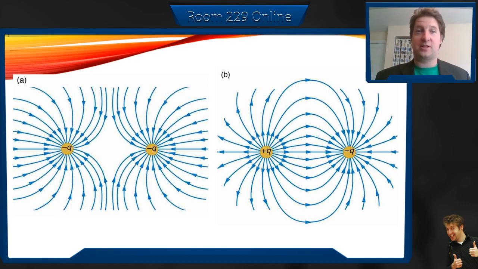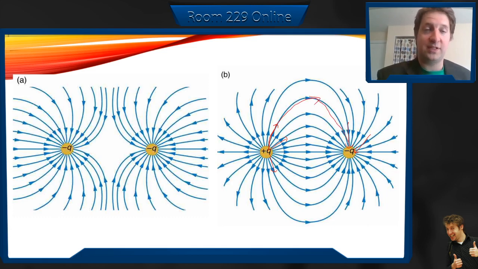And again, here's just a couple of pictures that show us the charges. If it's positive, they're always having electric field lines going outwards, and if they're negative, they're always going inwards. You can see here that they're going to leave the positive and go into the negative.